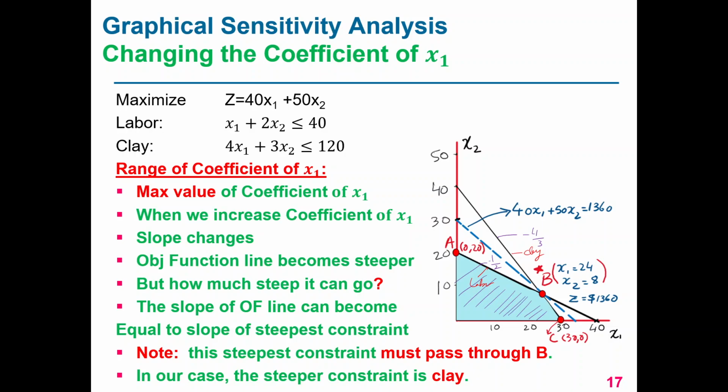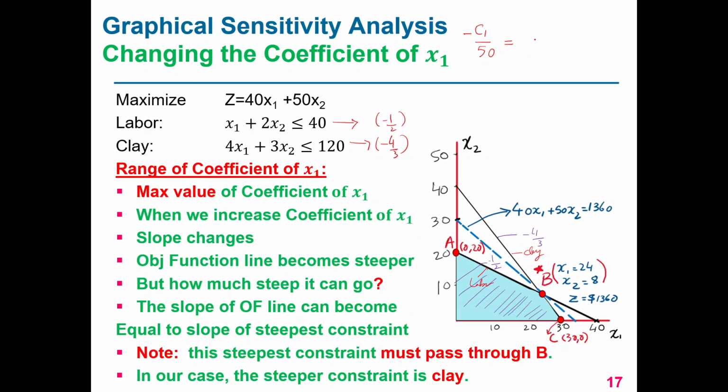So we will write it as minus C1 by 50, and it is equal to the slope of the steepest constraint, the clay constraint. The slope of the clay constraint is minus 4 by 3, and the slope of the labor constraint is minus 1 by 2.